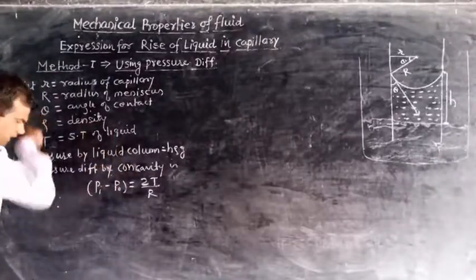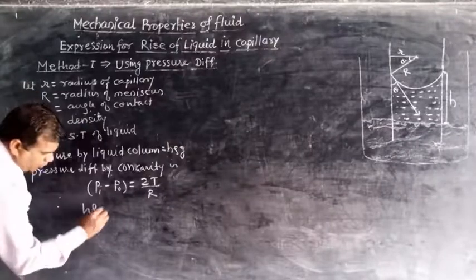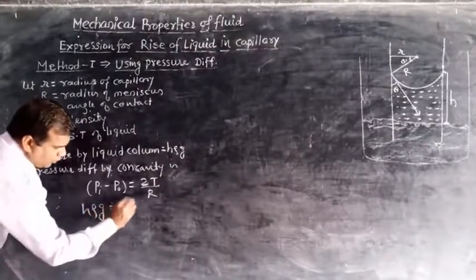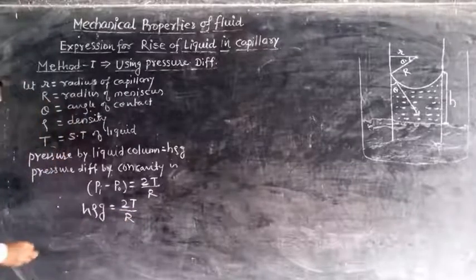Comparing these two pressures, h rho g is equal to 2T by R.